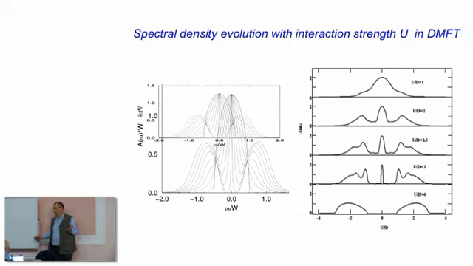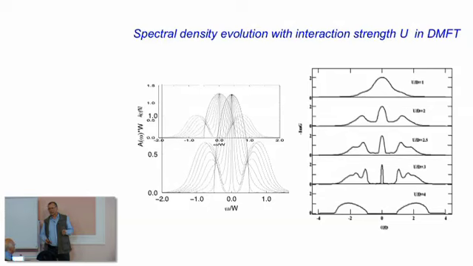Not just a jump, where you have 100% of your weight in the band and then 100% in the Hubbard bands. No, it's continuously transferred. And that case is a strongly correlated metal, when you have simultaneous quasi-particle states and Hubbard bands. That's what is called a strongly correlated metal.